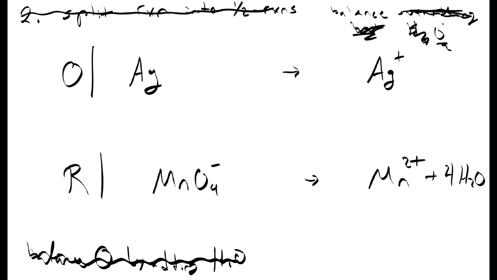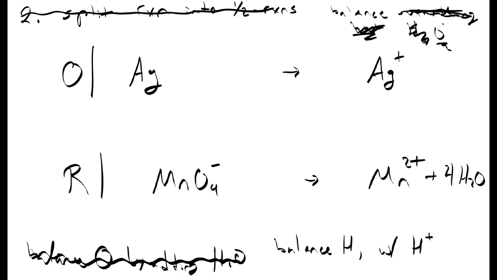Easy enough. Our next step is balance H by using H+. Simplest thing in the world. So once again, we look at our 2 half reactions, and if there's hydrogen on one side, we balance it out with H+ on the other.